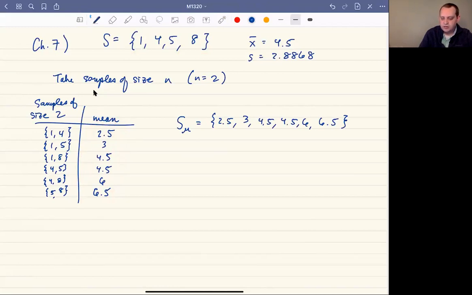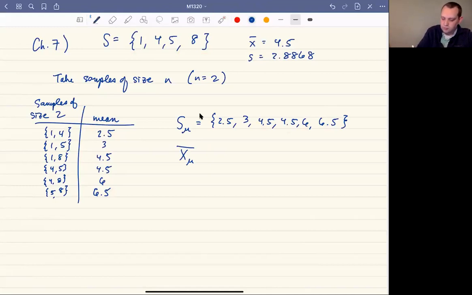And it turns out that if we look at the mean of all the means, in other words, pretend that this set 2.5, 3, 4.5, 4.5, 6, and 6.5 is your new sample, what's the mean of that sample?